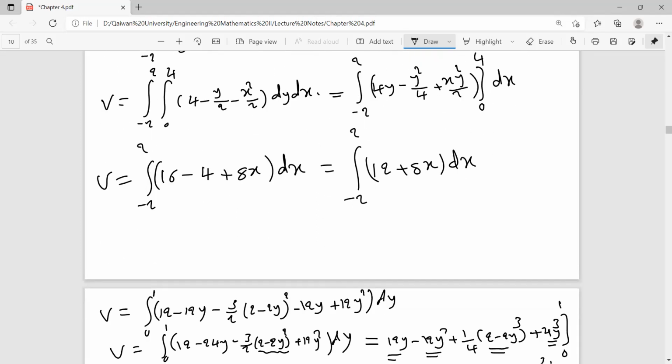Now we take integration with respect to x, and it equals 12x plus 4x squared from -2 to 2. We first replace x by 2, then by -2. The result is 48. Okay? The result is 48 units cubed.